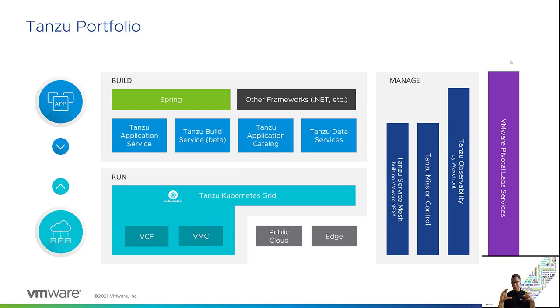So in summary, within the Tanzu portfolio, we have the whole portfolio that is needed for the application lifecycle. We have components to support you to execute the code. We have components to support you to manage the deployed applications and to manage the infrastructure.